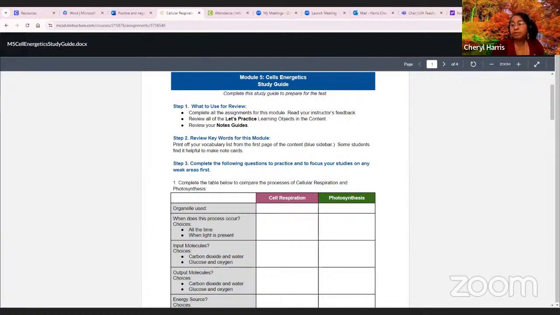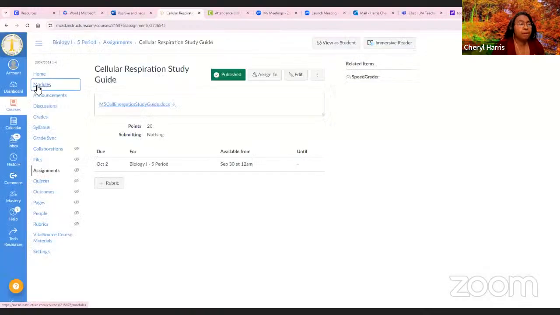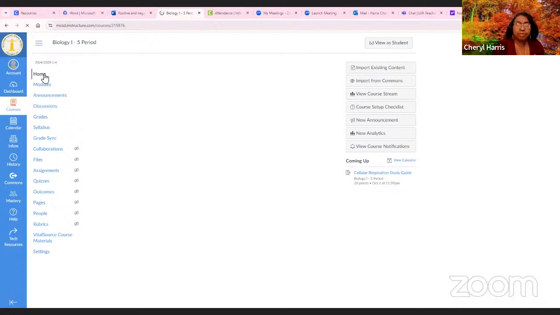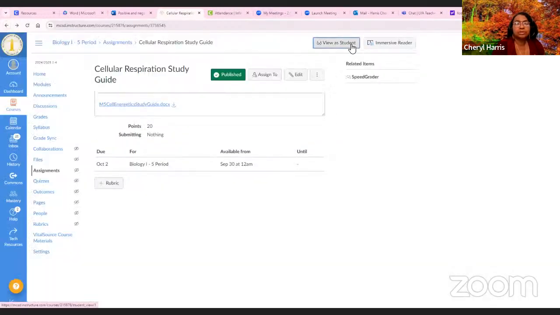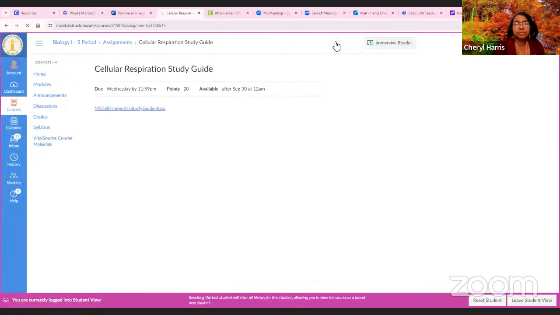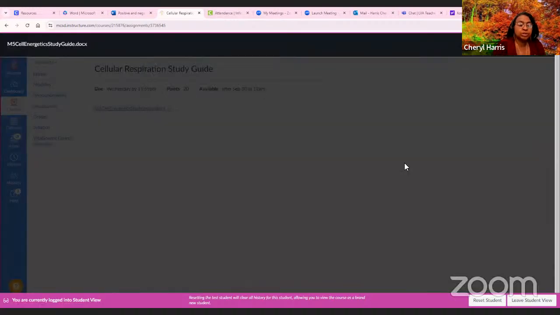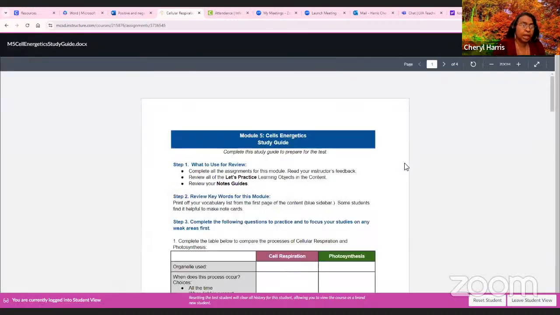Let me go back to, no, not module, home page. I'll tell you how I got there. I'm even going to do it from student view. Oops, uh-oh, I clicked on the wrong thing. Oh, there we go, view as a student. All right, so it should look like this for you. You click on this and it should open up like that. It should not be blocked.